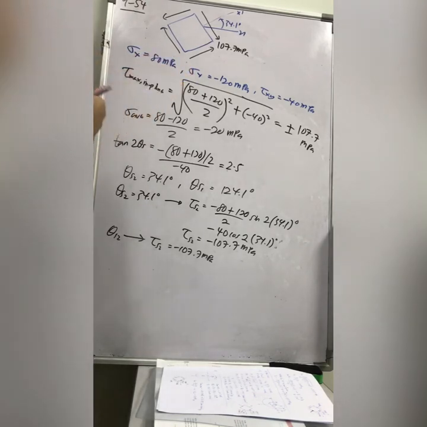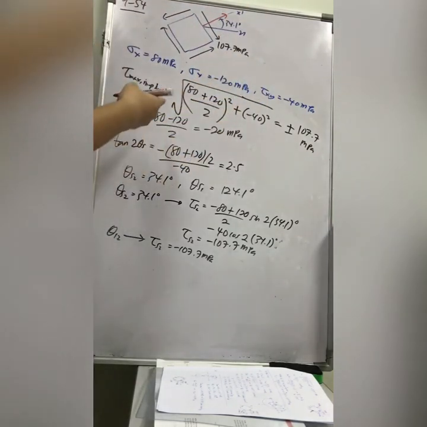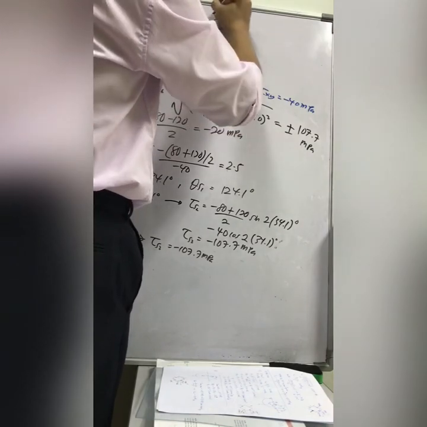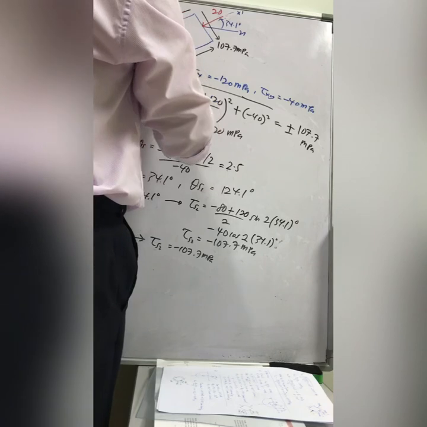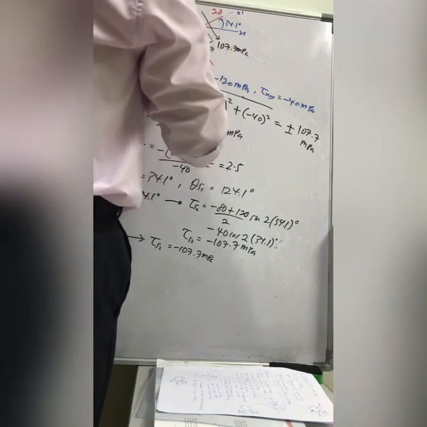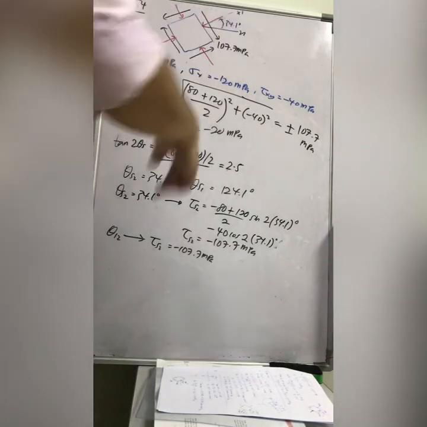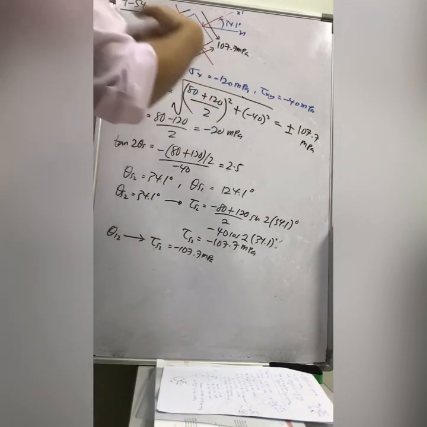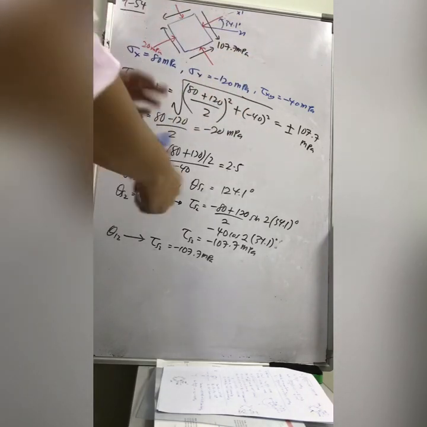No. You have the average as well, which is minus 20, compression 20 megapascal, on all four surfaces. Okay, on all four faces. In the state of maximum in-plane shear stress, we have the average normal stress, sigma average, on all four faces, right?